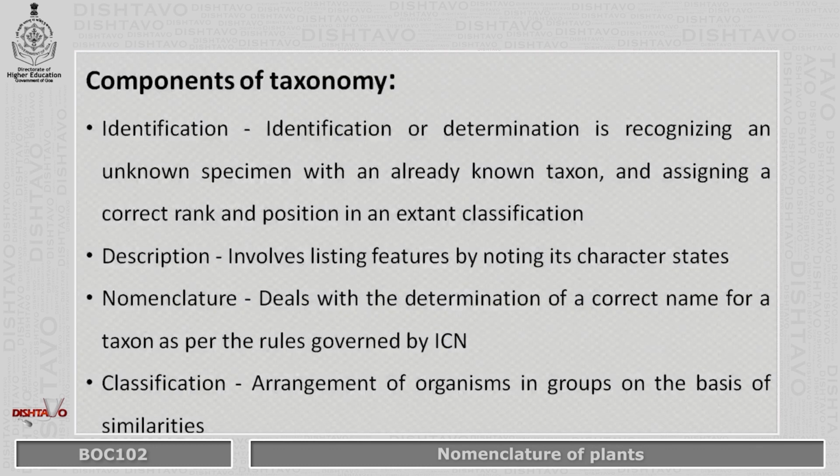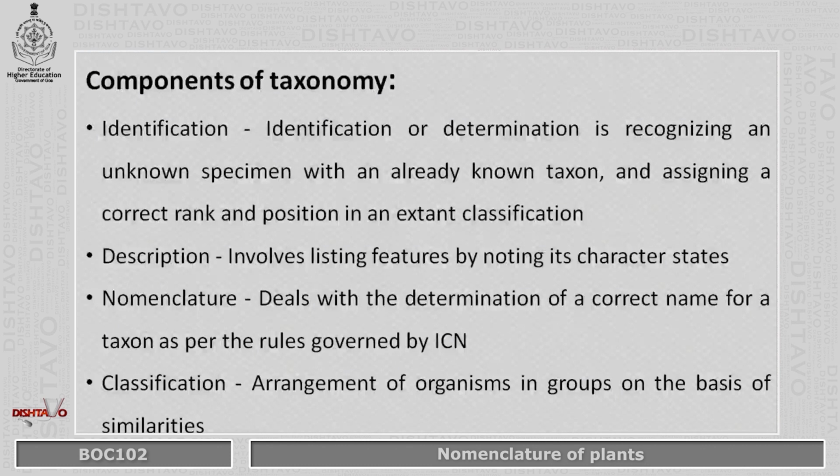There are four main important components of taxonomy. These include identification, description, nomenclature, and classification. Identification or determination is recognizing an unknown specimen with an already known taxon and assigning a correct rank and position in an extant classification.